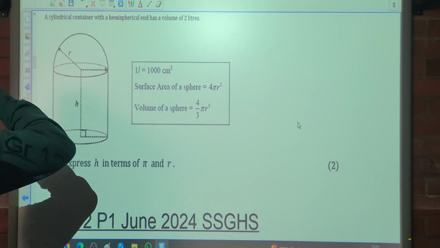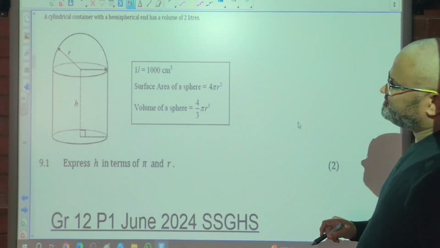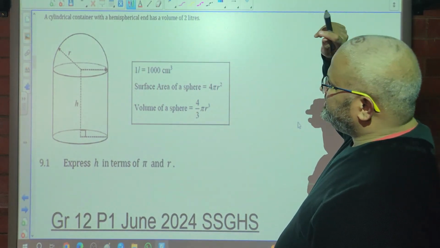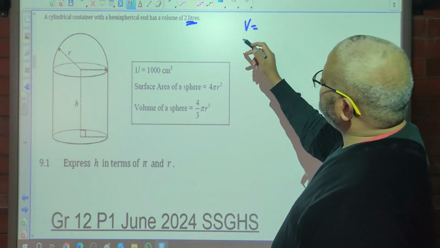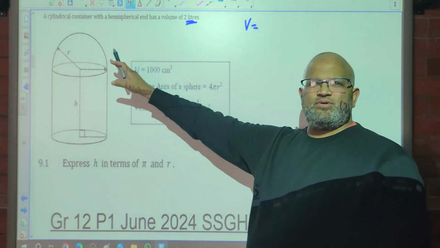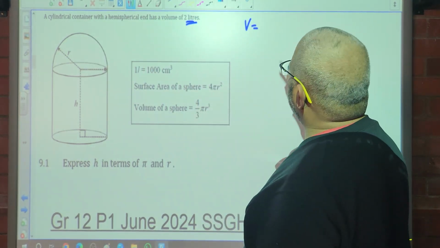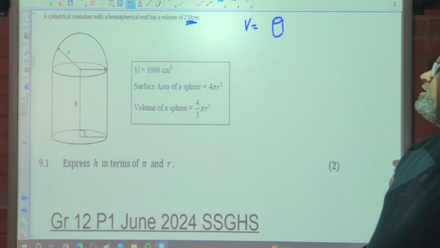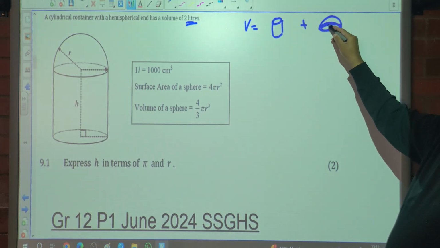Express h in terms of pi and r. So we know the volume is given. The total volume of this container would be made up of 2 three-dimensional shapes, a cylinder and a hemisphere.